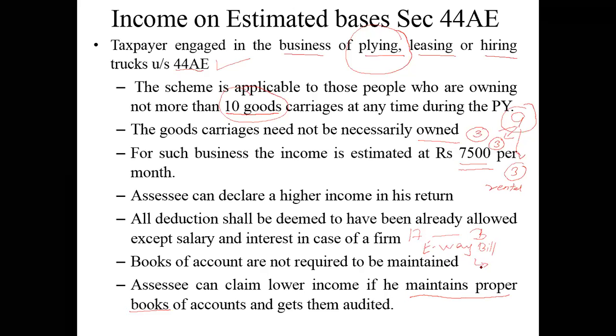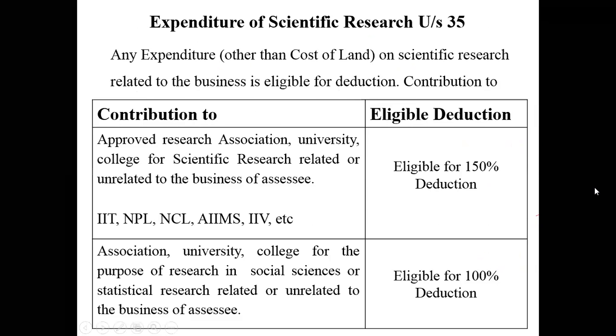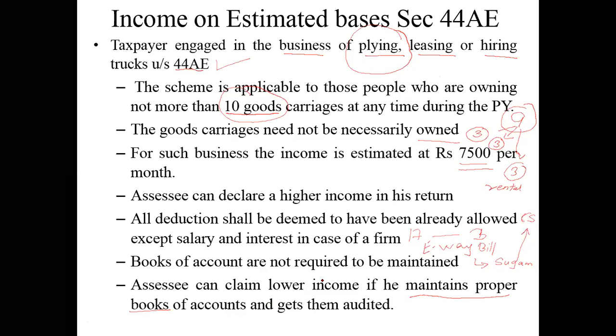And this entry you have to pass in a software called Sugam, SUGAM. This Sugam software will directly connect to the commercial sales tax office. They will come to know that you have transported goods from location A to location B. On what date you have transported, what is the bill amount, what is the weight, what type of goods you have transported, everything will be entered into this e-Sugam network. So accordingly, they will track how much is your income.